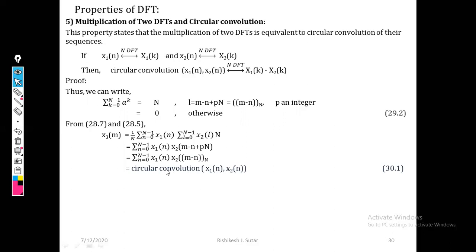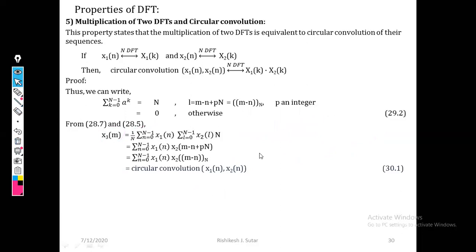This circular convolution of x1 of n and x2 of n is nothing but x3 of m, and its DFT is x3 of k, and x3 of k is equal to x1 of k into x2 of k.